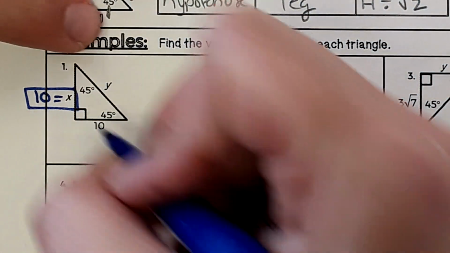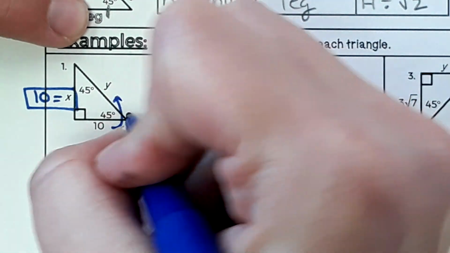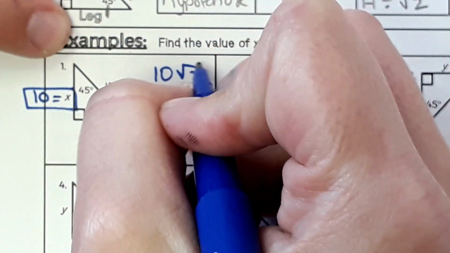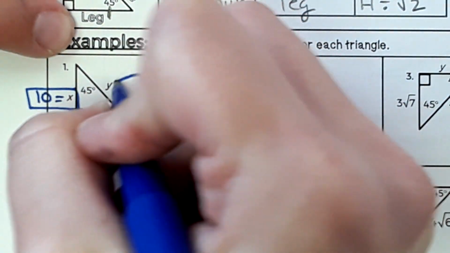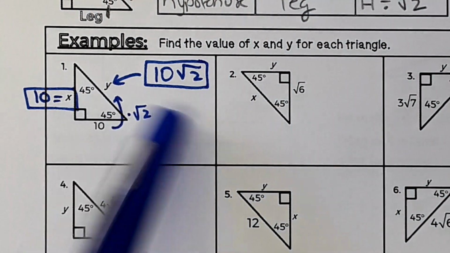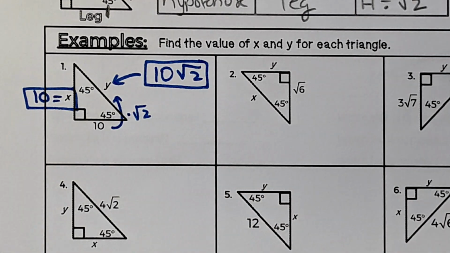And then for the hypotenuse, you would multiply by square root of 2. So 10 square root of 2, and that is y. Your answer choices on the homework and everything will be in this format.